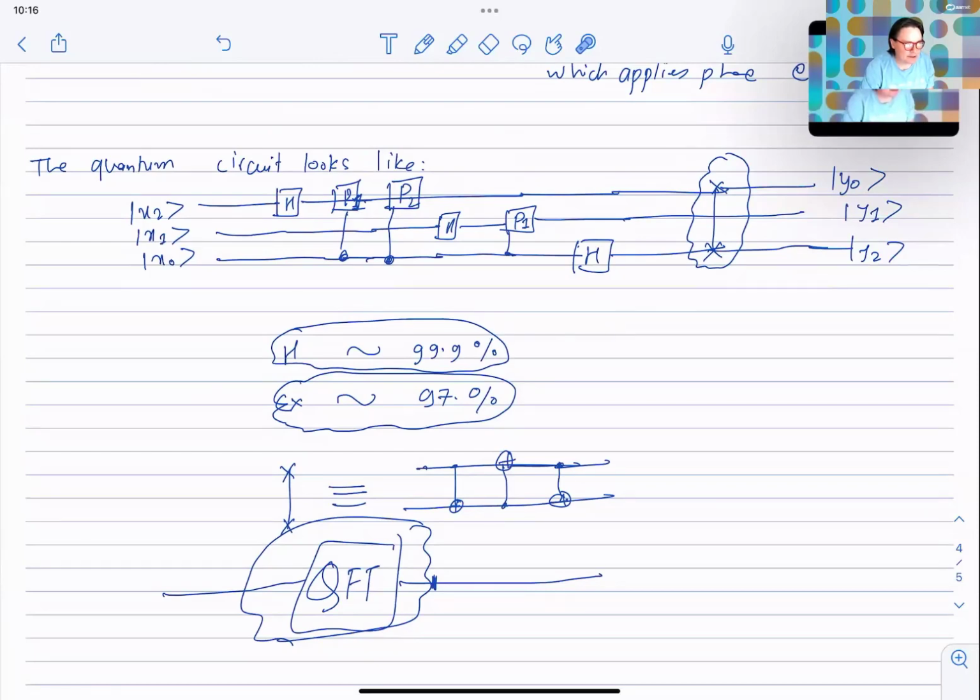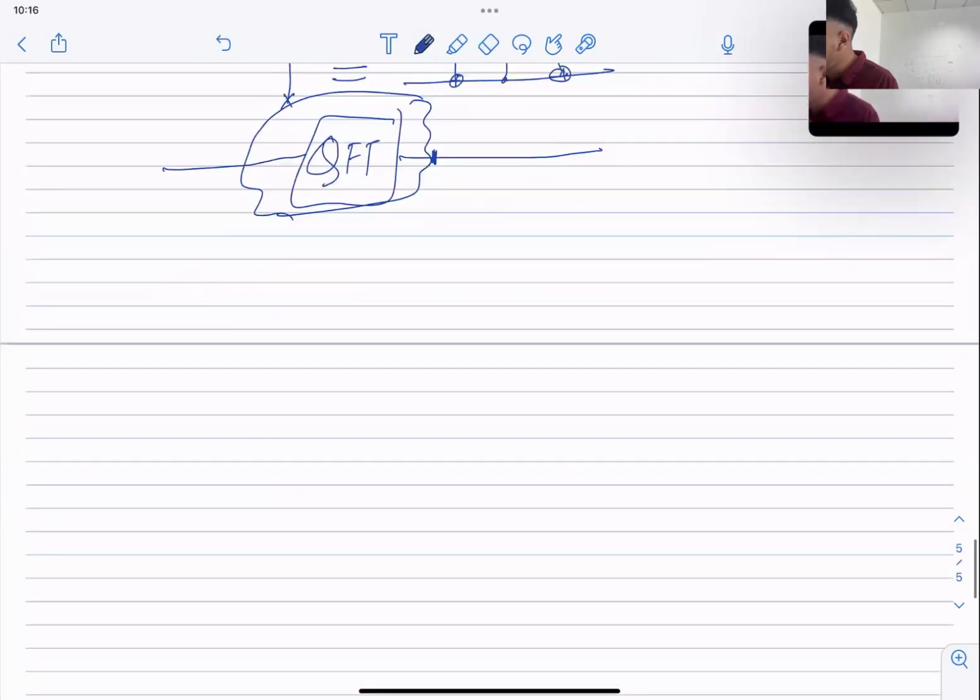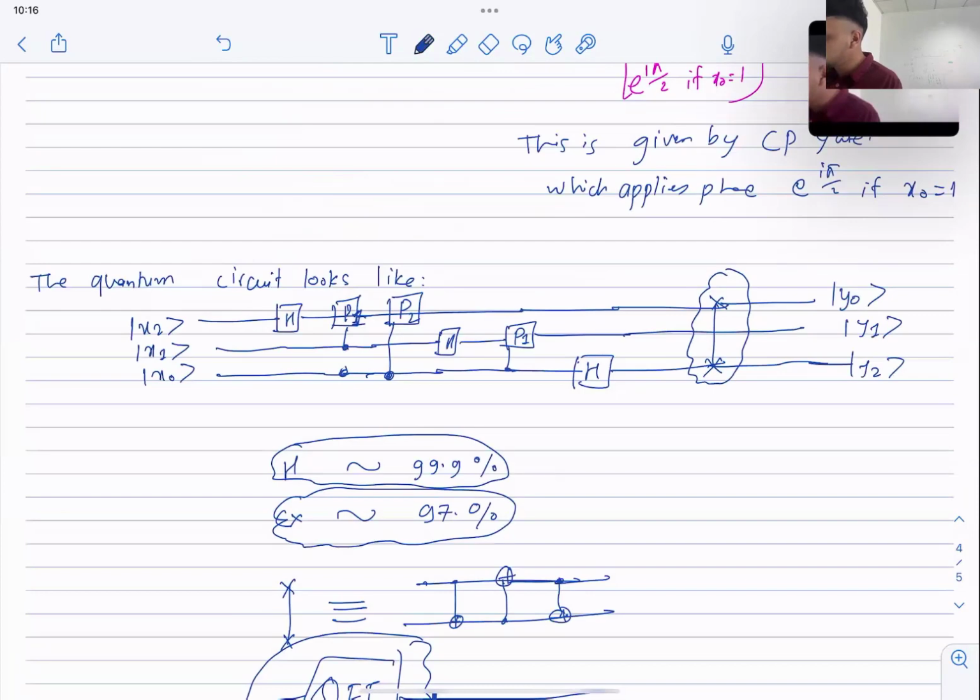So on X2, you've got H, P1, P2. P1 should come off X1. Oh, yes, absolutely. Thanks a lot. So this should indeed come off from X1. Yeah, great observation. Thank you. That's correct, Alex.